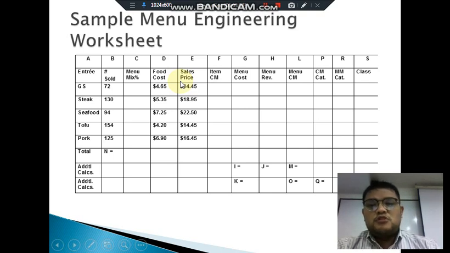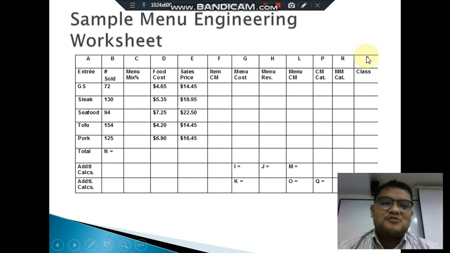Guys, what you need to fill in is starting from C. Starting from C, you will need to find out how to calculate C, F, G, H, I, J, K, M, N, O, P, Q, R, and S.